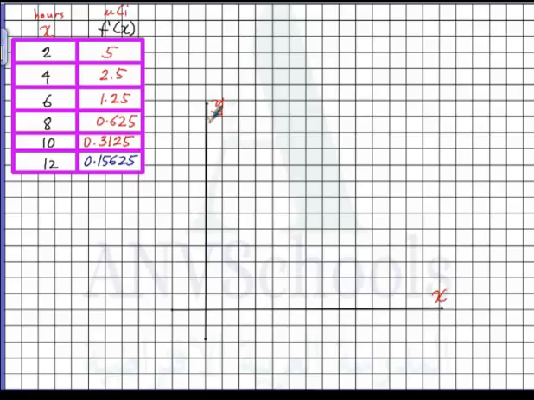If x is equal to 2, then y is equal to 5. So that gives us 2, 1, 2, 3, 4, 5. The point is here. 4 and 2.5 is here: 4, 1, 2, 3.